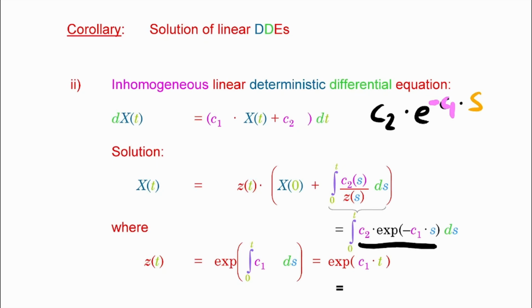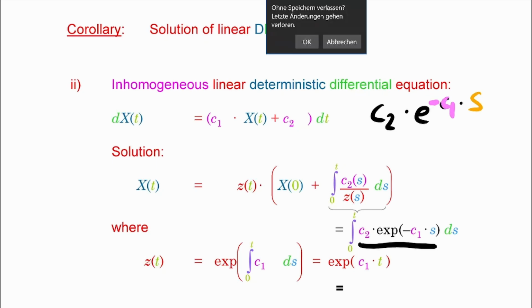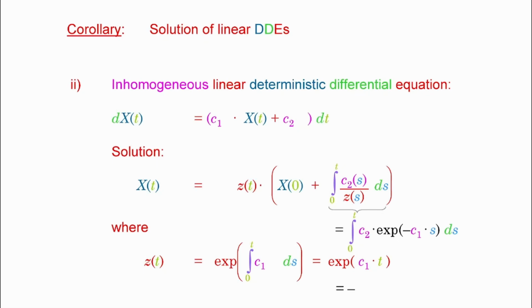So if you reverse it by a constant, you multiply by negative 1 over C1, and that's the antiderivative. So you have negative C2 over C1, times e to the power of negative C1 times s.